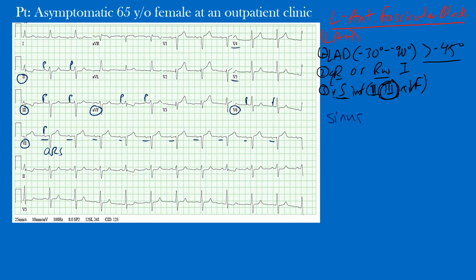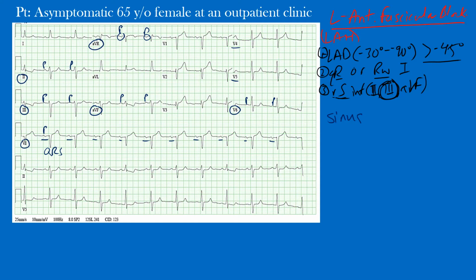They're small, but there. And then in lead AVR, we'll see these negative or inverted P waves, inverted because the impulse is moving away from those leads. So we have P waves before each QRS, a 1-to-1 relationship of P waves to QRS complexes, upright P waves in the inferior and mostly the lateral leads, and inverted in AVR.